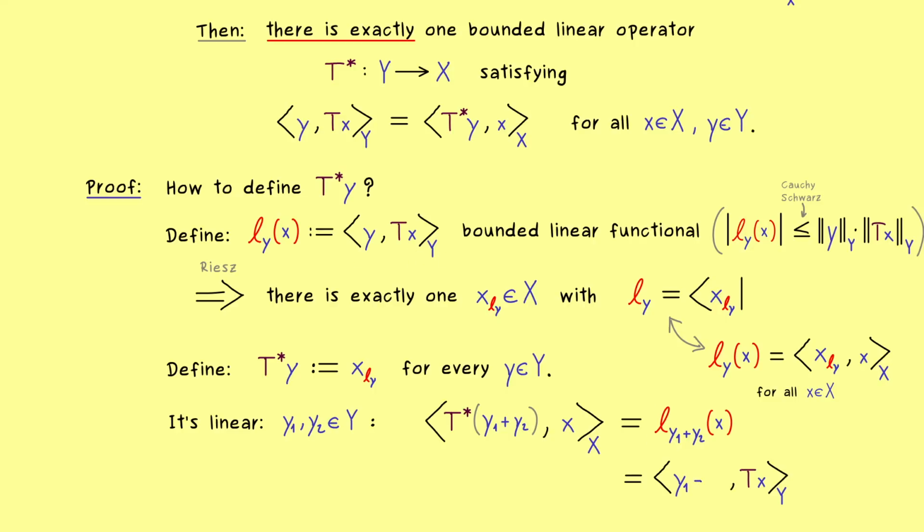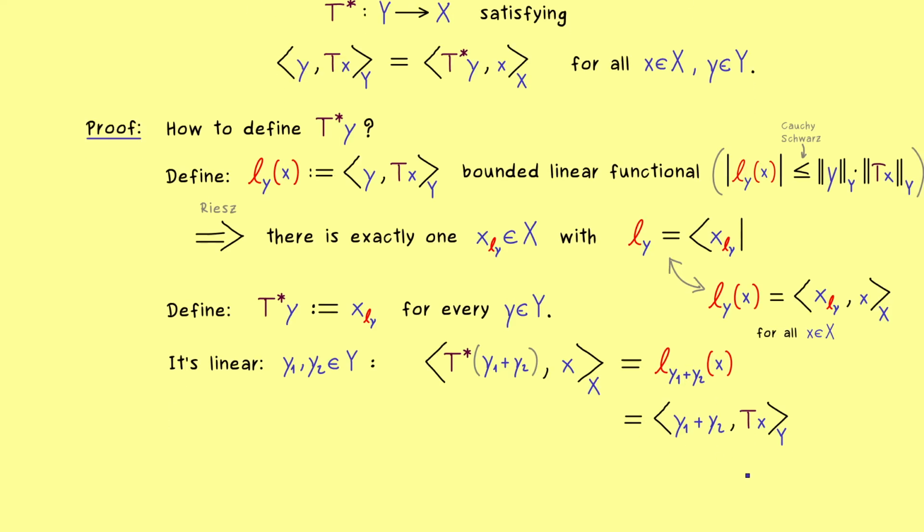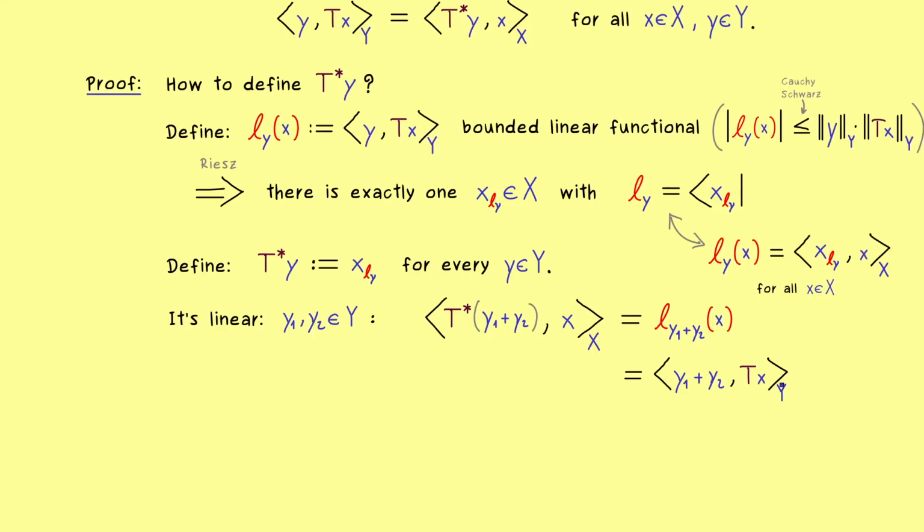And there you already know, in this case, the first input is y1 plus y2. And then we don't have a problem because the inner product is definitely additive in both components. So we can just write it with two inner products, one with y1 and the other one with y2. And then by definition, we just have that these two things are our linear functionals again.